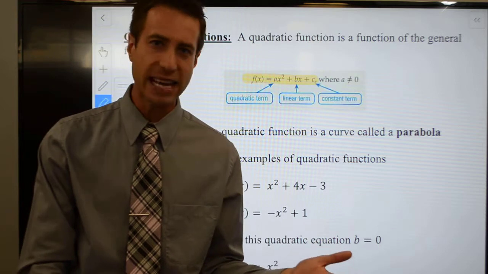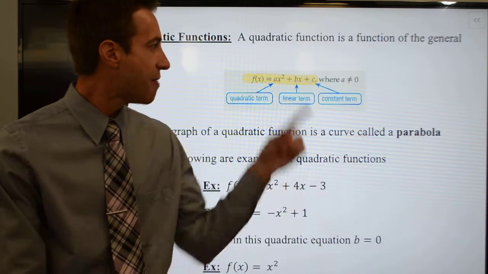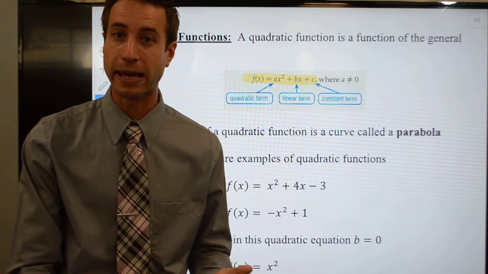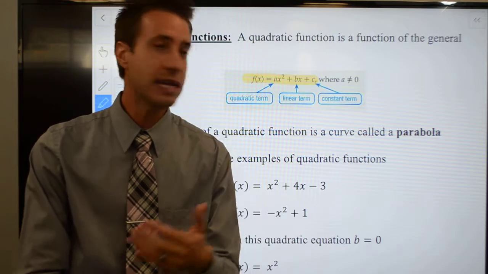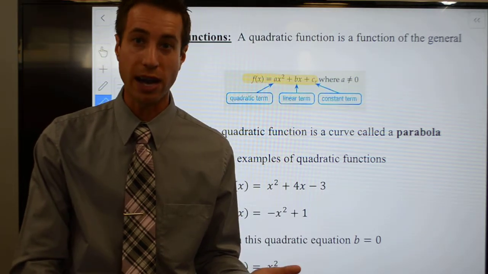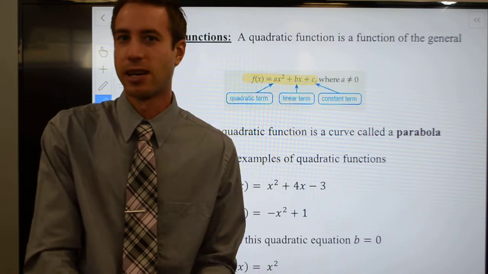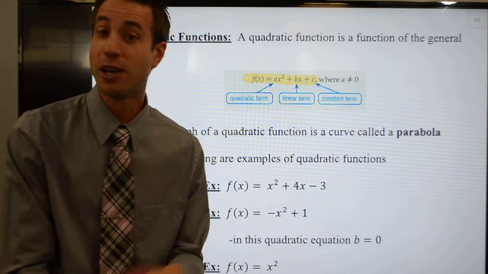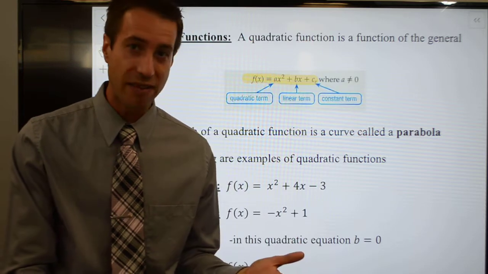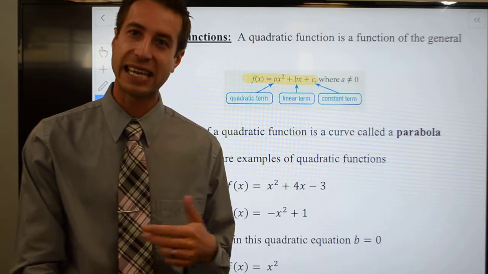Well, 0 times anything is 0, and that whole term would go away. In which case, you would now no longer have a quadratic function, and since chapter 4 is all about quadratic functions, that really kind of defeats the purpose. So, we will never have an example where a is 0.